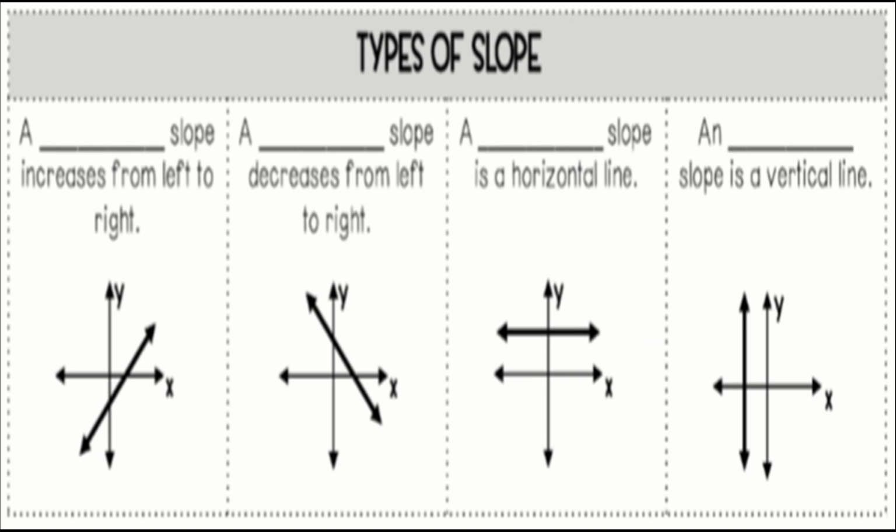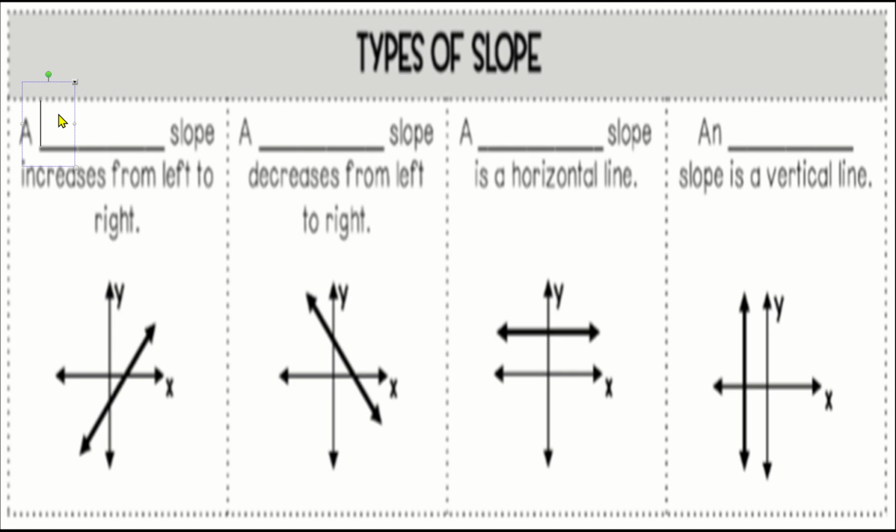All right, so we have 4 different types of slope. So to start with, this line here. When you look at a line that is graphed, you look from the left to the right. So as I move from left to right, am I getting higher or lower? Higher.